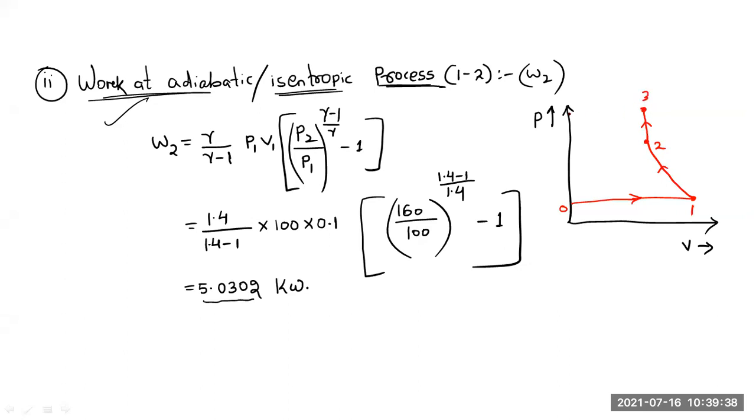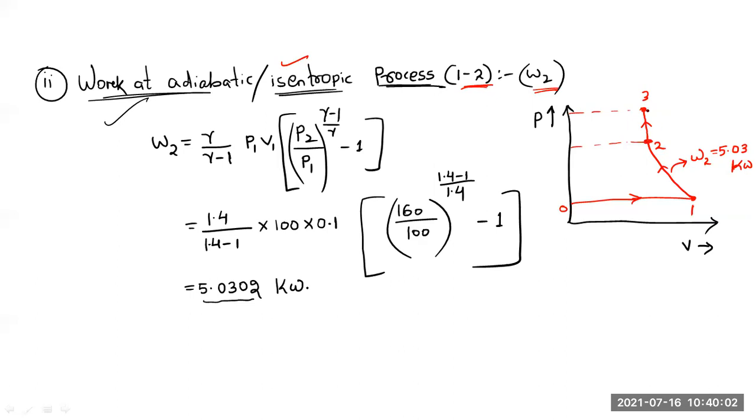2 to 3 is the constant volume process. So from point 1 to point 2 in this process, what is the work done? That is W2 we have taken, because for the adiabatic process, process 1 to 2, we have got 5.0302. This work done is 5.03 kilowatt.